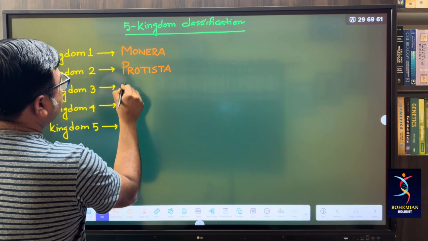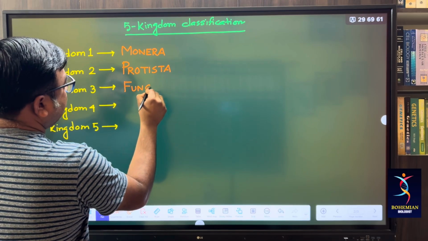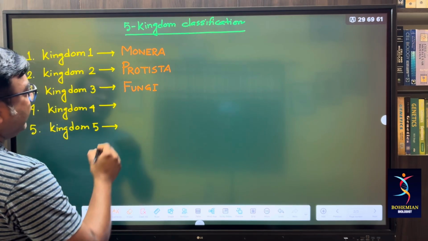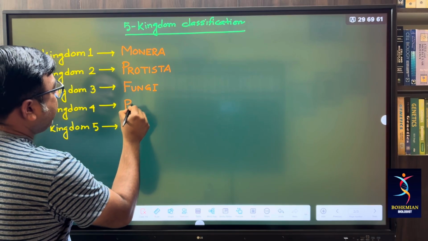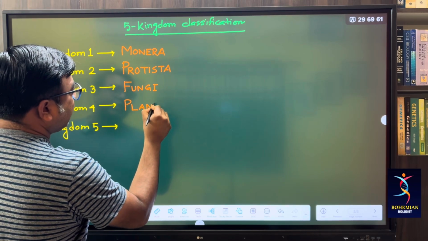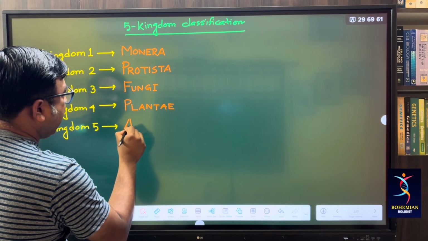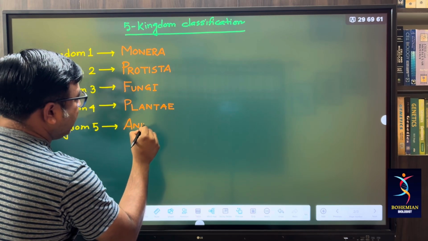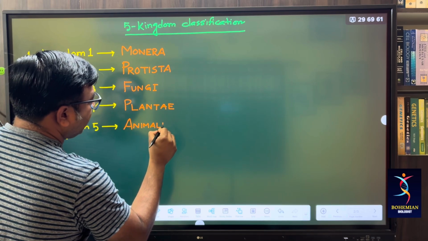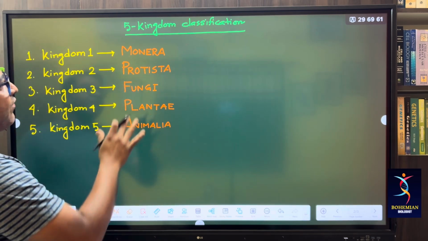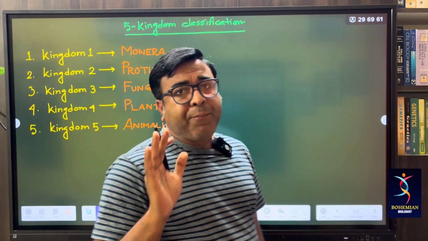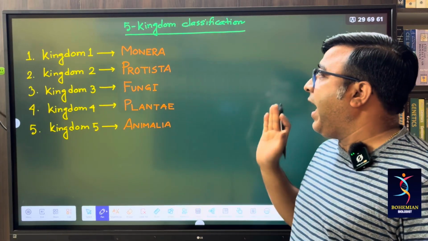The next one, Fungi, which is kingdom 3. Then comes kingdom Plantae. Then the last but not the least, Animalia. So these are the 5 kingdoms: Monera, Protista, Fungi, Plantae and Animalia.